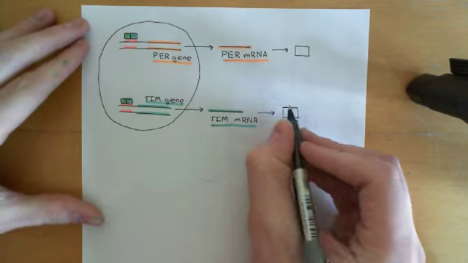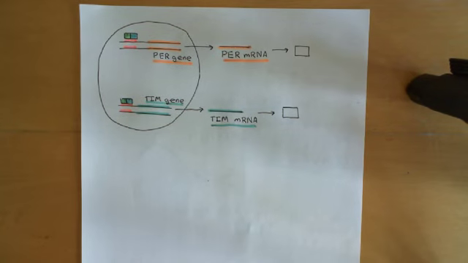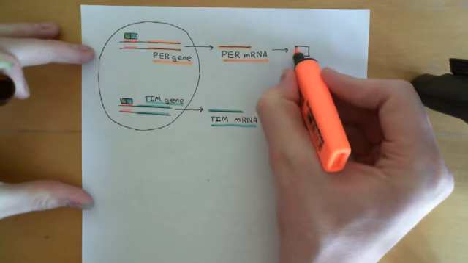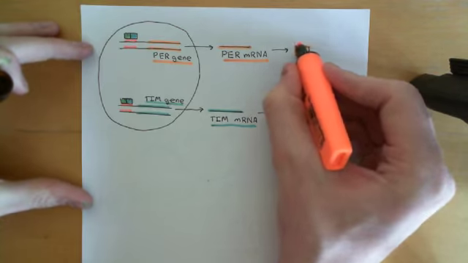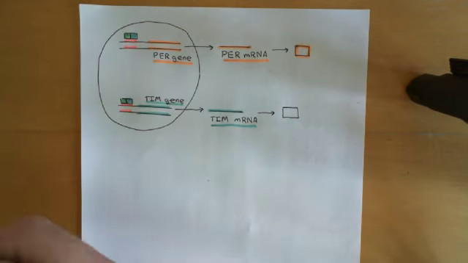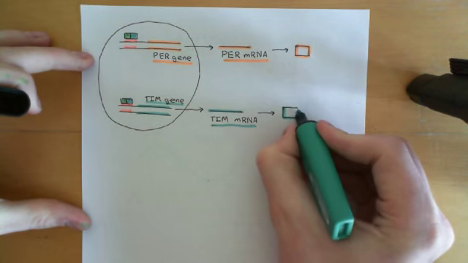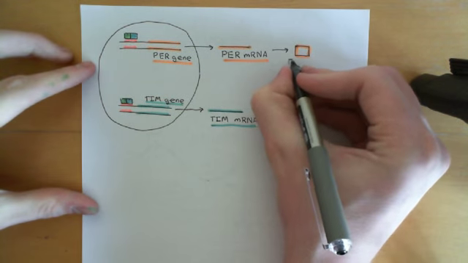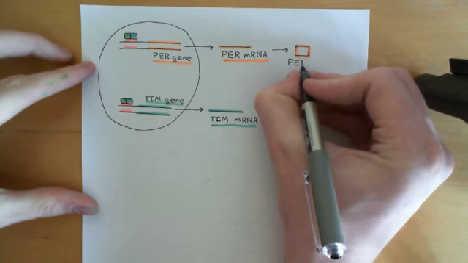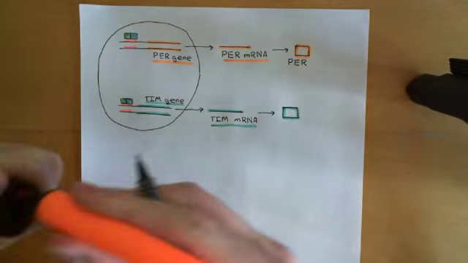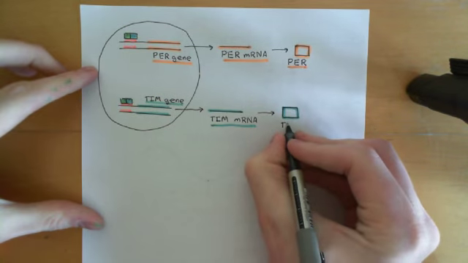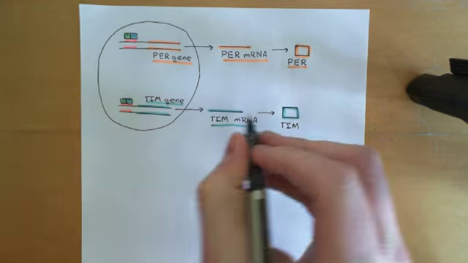So we started off at 8 AM with low period and timeless, that has resulted in clock cycle heterodimers being active, and they are now driving an increase in the level of period and timeless proteins in the cytoplasm. I'll colour in the period and timeless proteins here once again: here is my period protein in orange, and here is my timeless protein in turquoise.